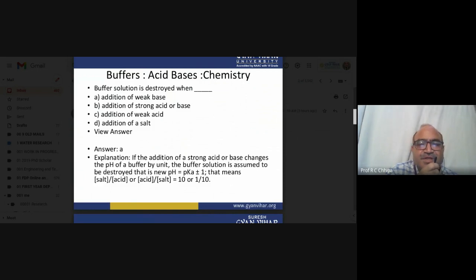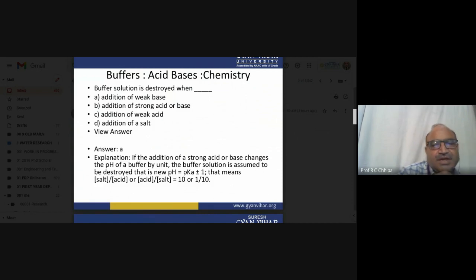So 100 years, this is the destruction of a human being because of nature. Similarly, the buffer solution is destroyed when there is addition of a weak base, or addition of a strong base, or addition of a weak acid, or addition of a salt.